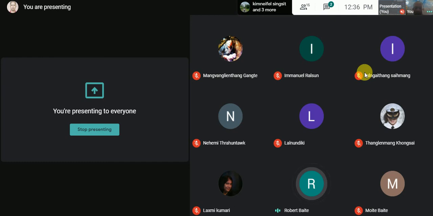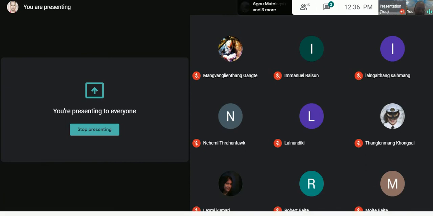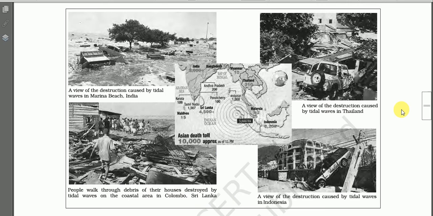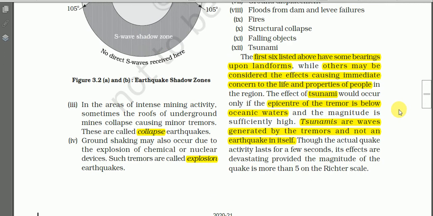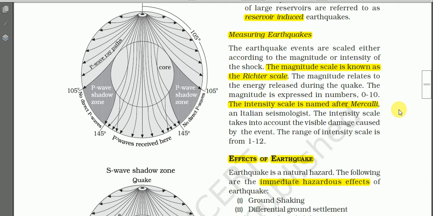So what is the Mercalli scale? Actually, this is a scale to measure the intensity of the earthquake, how strong the earthquake is. The Mercalli scale is used to measure the intensity of the earthquake, how much the earthquake has destroyed or can destroy the surface of the earth or human beings.